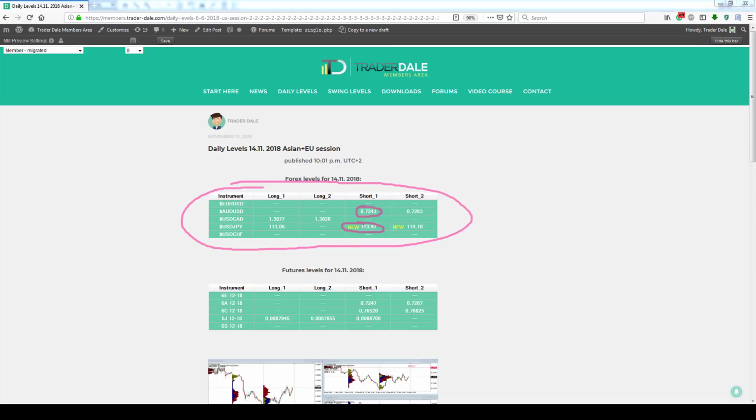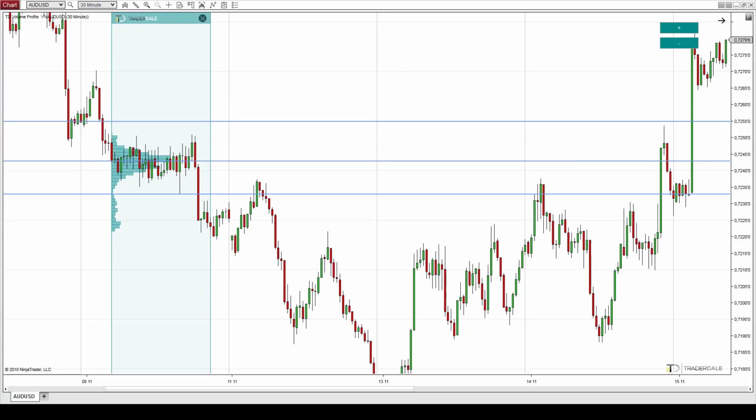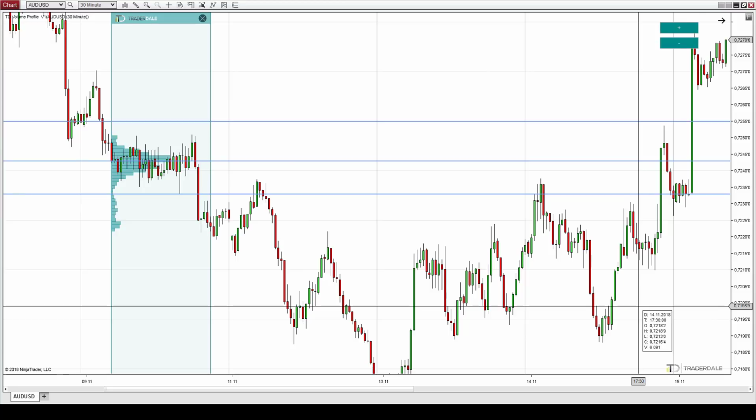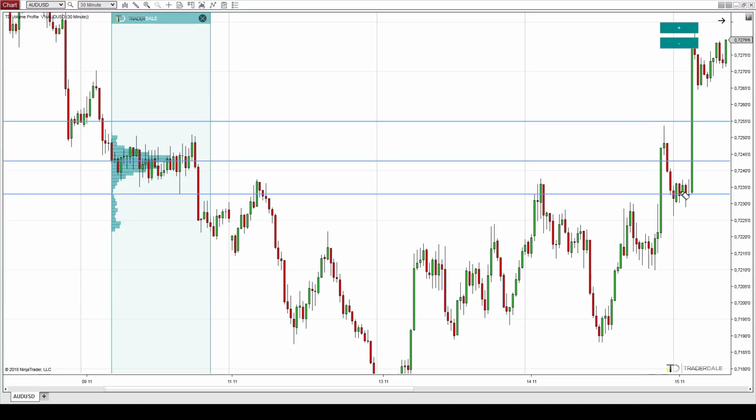So let's now have a look at the charts, and let's have a look at the first level that got hit, which was the short on the Australian dollar US dollar from 0.7243. So this is the Australian dollar US dollar. This area is the 14th of November, and this is the short level from the prediction. The level was based on those heavy volumes. It was based on volume accumulation setup, and as you can see, the price went sharply against the level.